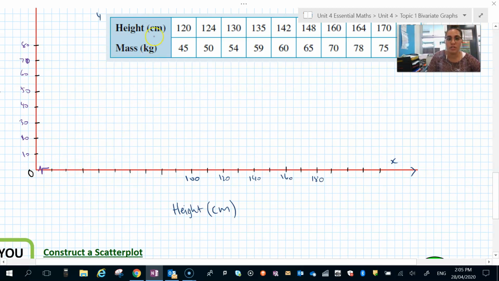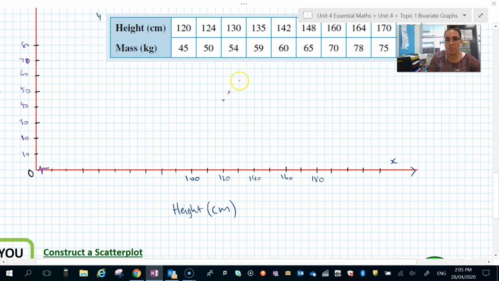So what we would do is we would go along and assign our measurements. 120, that's going to be 45 kilos, so there's the 45. If I measure along, there's halfway, so that's 45 there. 124, so they're about there, just under it, and they're 50 kilos, so they'll just go up to the next one, and so forth.